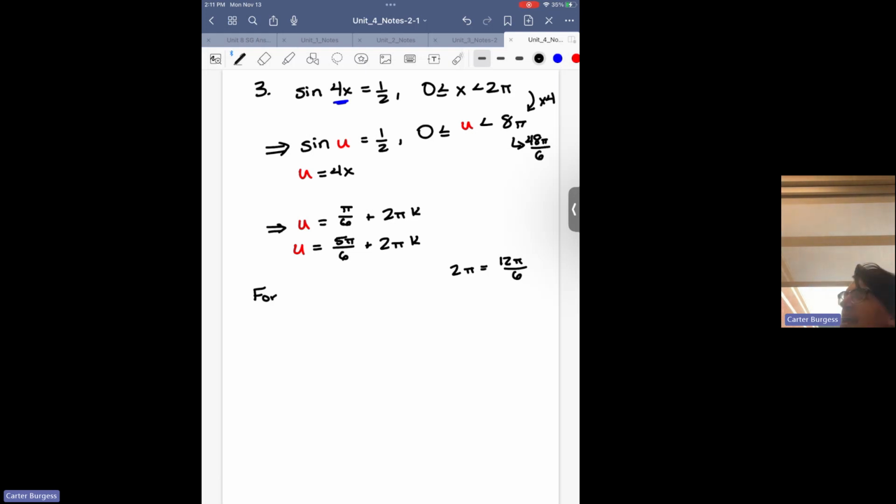Do we need to worry about negative values of k here? If the lowest that we can get is 0, then our angle can never be negative. We're never going to be subtracting 2 pi and getting an answer that we worry about. Negative values of k are not going to yield us solutions here. So let's just start when k equals 0.